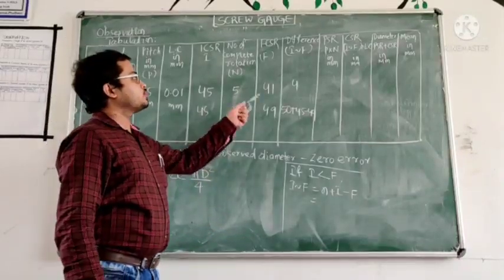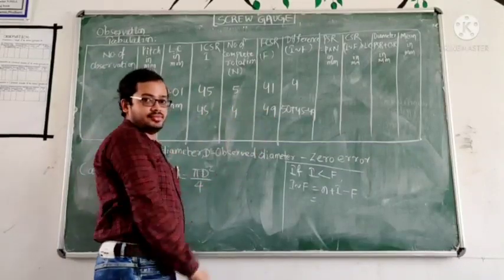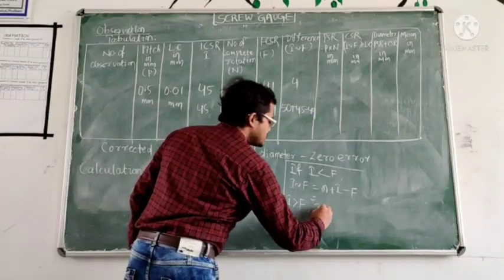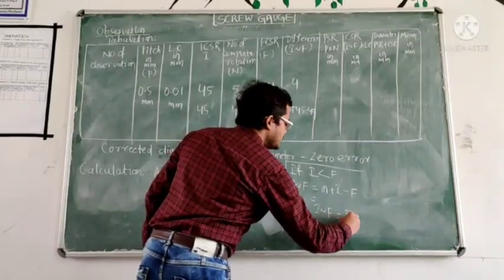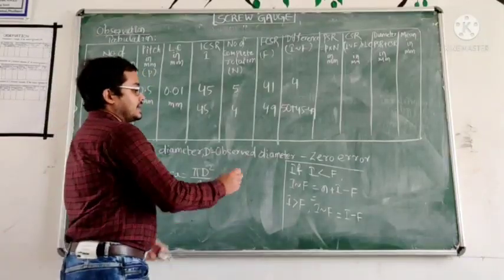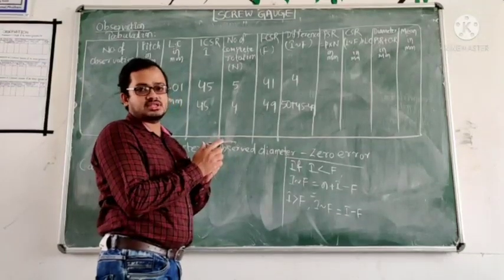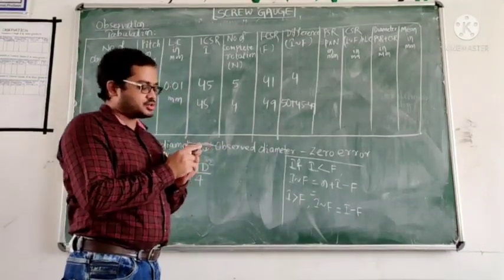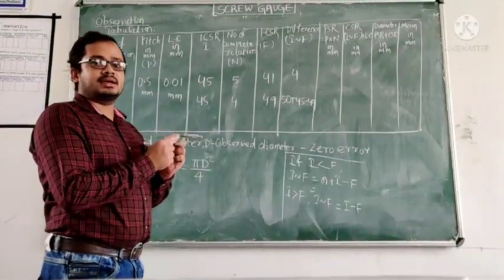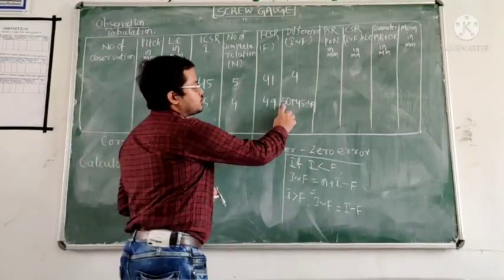This is how we calculate the difference in case our I is less than F. If I is greater than F, then we will simply subtract, I minus F. Here N is the total number of circular scale divisions of this instrument. In our instrument it is 50. In some other instruments it may be 100 circular scale divisions. In that case, you need to add 100.